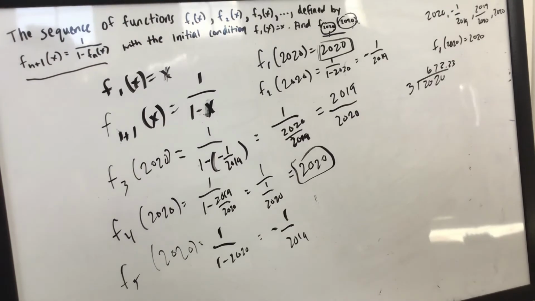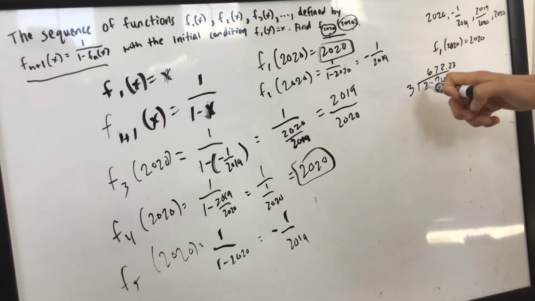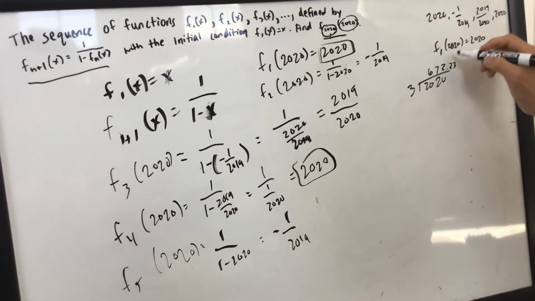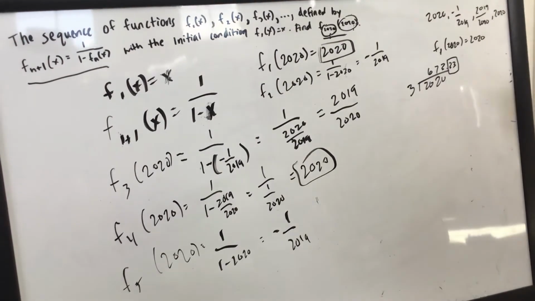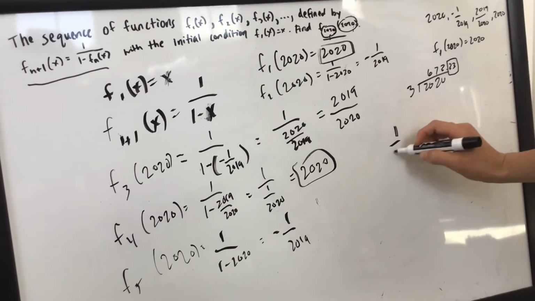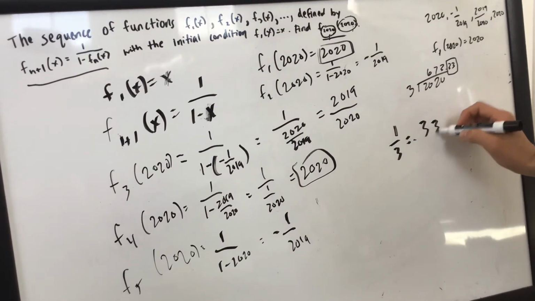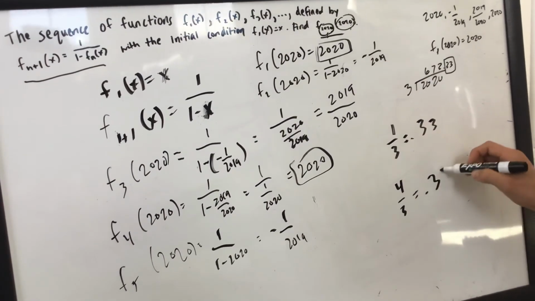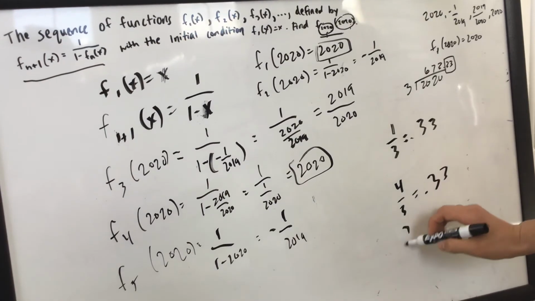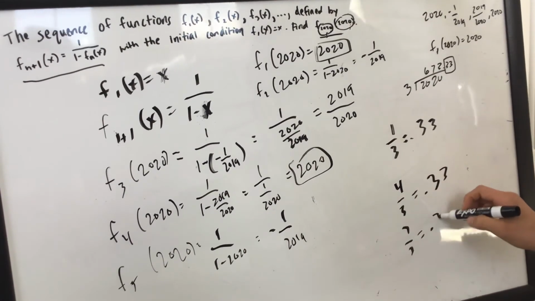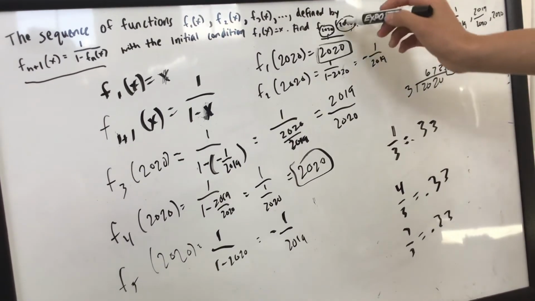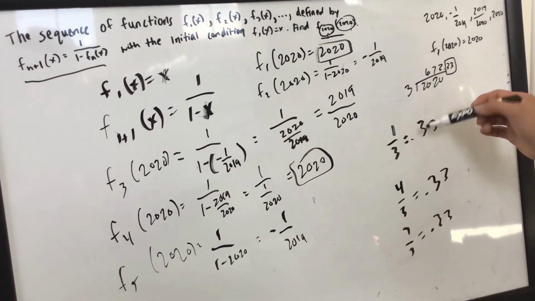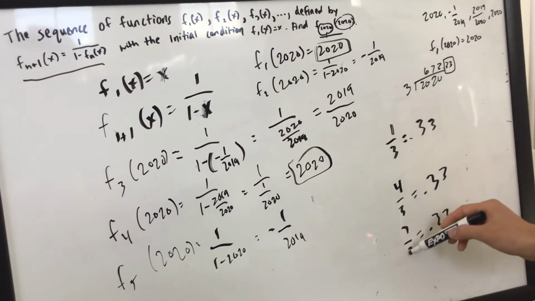So through this, we know that this value is the first one in the equation. After all, 1 divided by 3 equals 0.33. 4 divided by 3 equals 1.33, ending in 0.33, and 7 over 3 also ends in 0.33. So we know that this function has to follow in the family that ends in a 0.33.